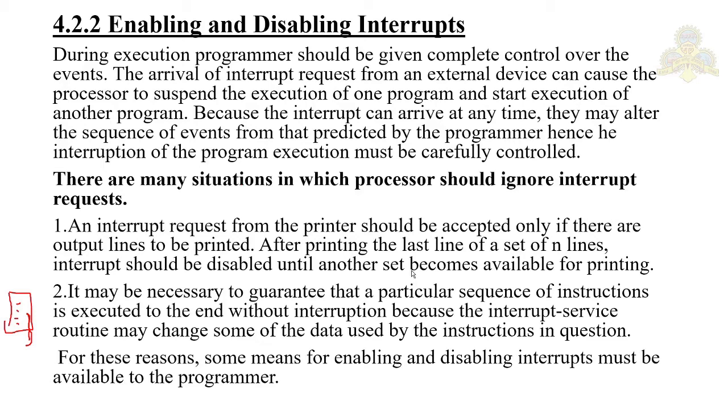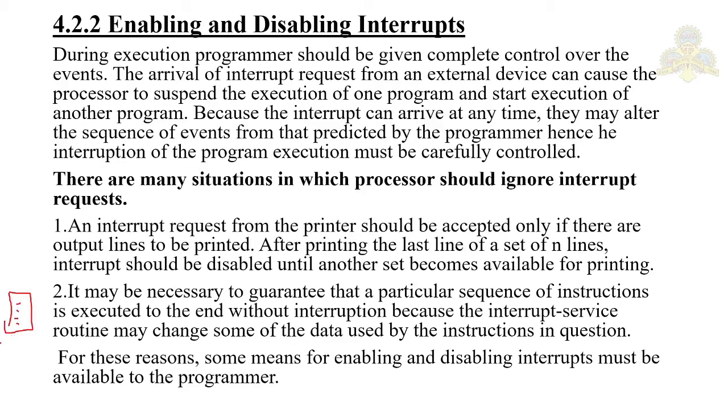The second one is that it may be necessary to guarantee that a particular sequence of instructions is executed to the end without interruption, because the interrupt service routine may change some of the data used by the instructions in question. Suppose this is our interrupt service routine and there are many instructions in it.